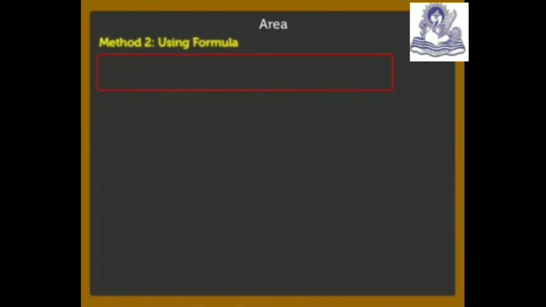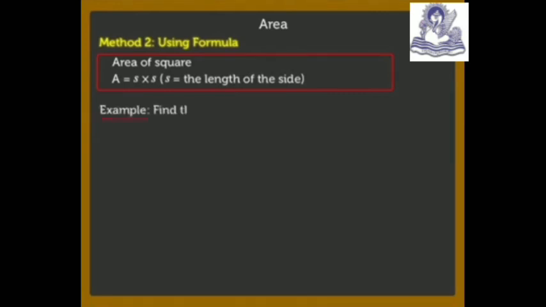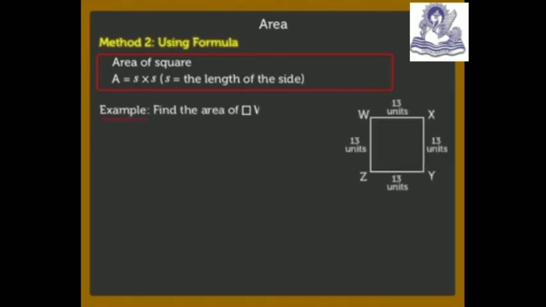The formula to find the area of a square is different. It is A is equal to S into S, where S is equal to the length of the side of the square. Let us find the area of the square WXYZ having side 13 units using this formula.